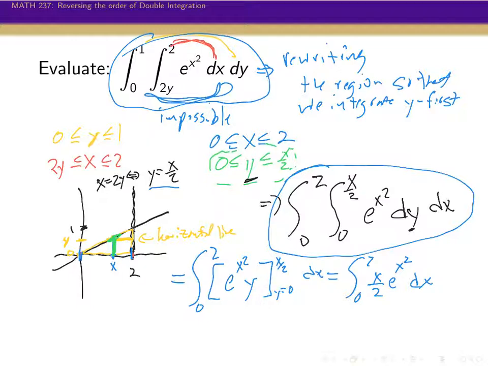Okay. And now x over 2 e to the x squared, this is now a doable integral. We can do this via u substitution.